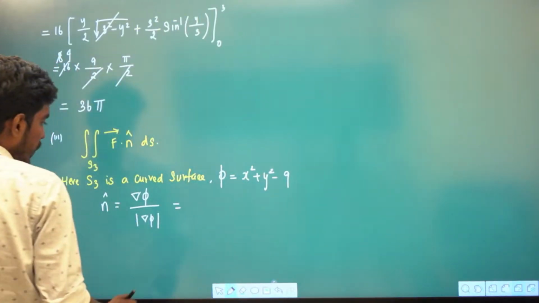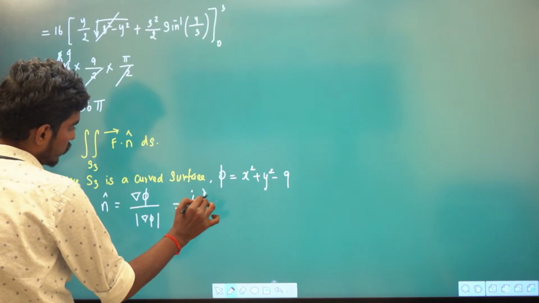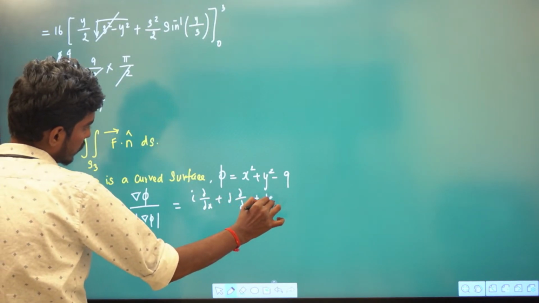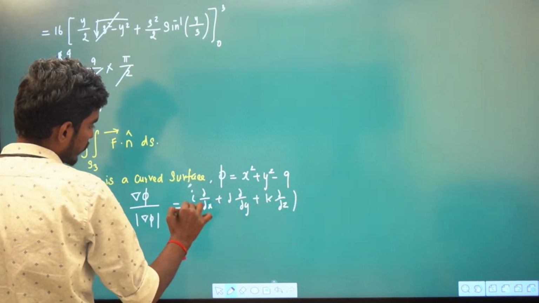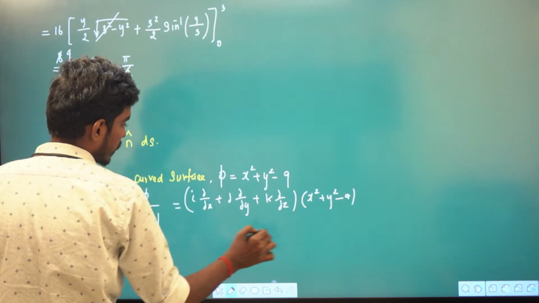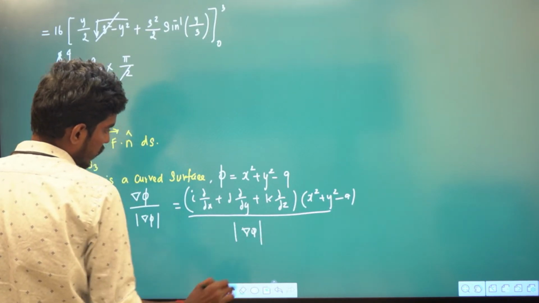Now, what is del phi? So, gradient of this. What is del? I into dou by dou x plus j into dou by dou y plus k into dou by dou z into phi, x square plus y square minus 9, divided by modulus of del phi, right?